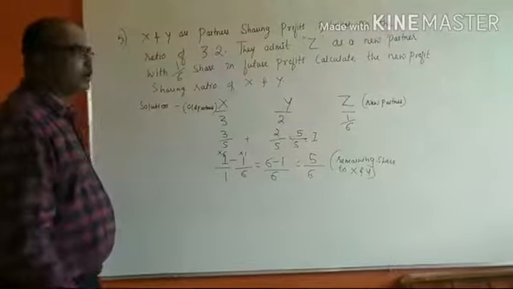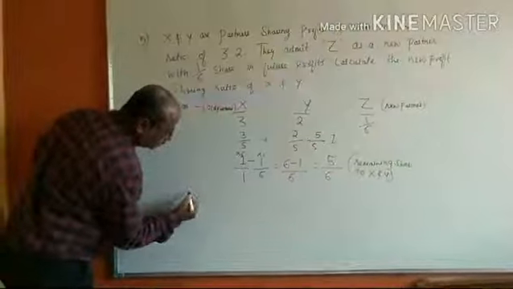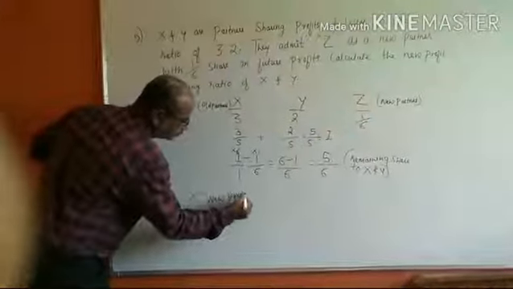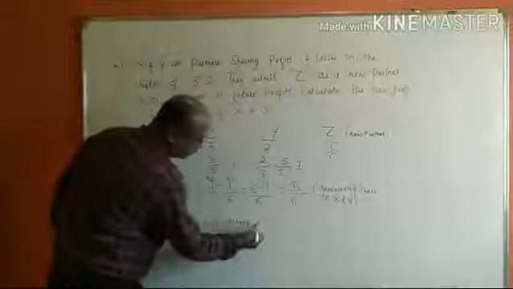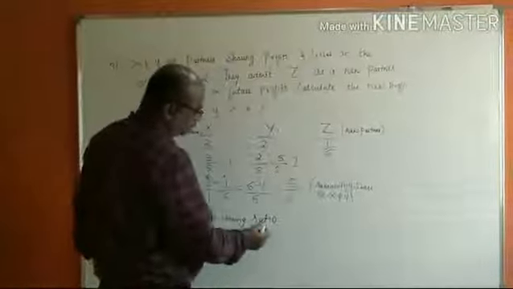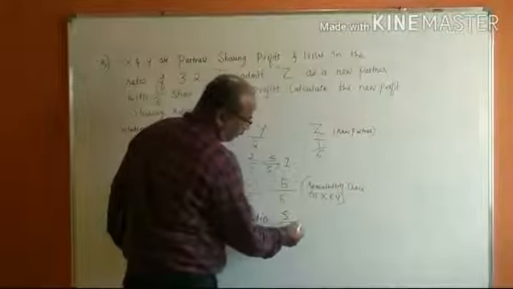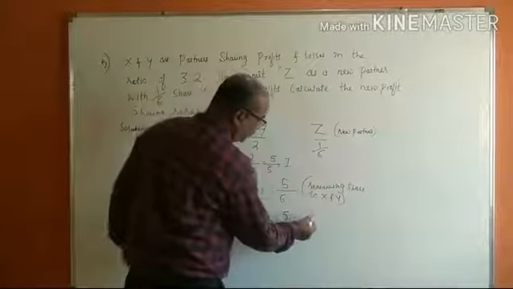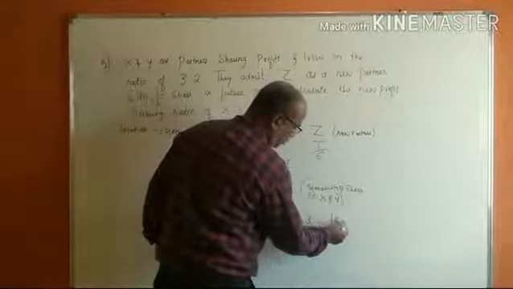Now to find out the new profit sharing ratio, X's new profit sharing ratio: remaining share is 5/6 and the old share is 3/5, equal to 15/30.